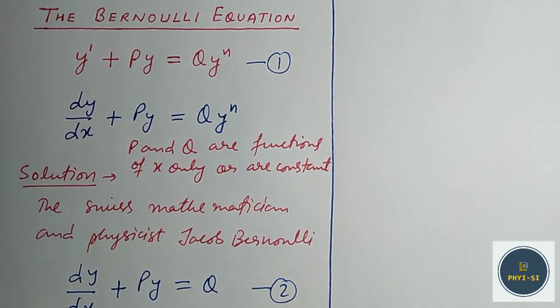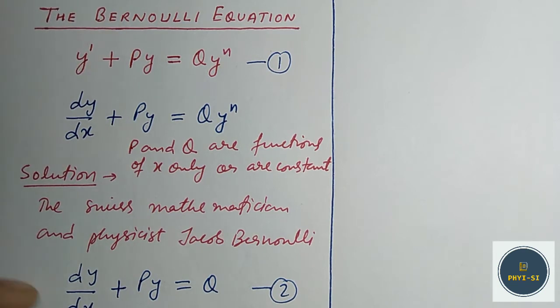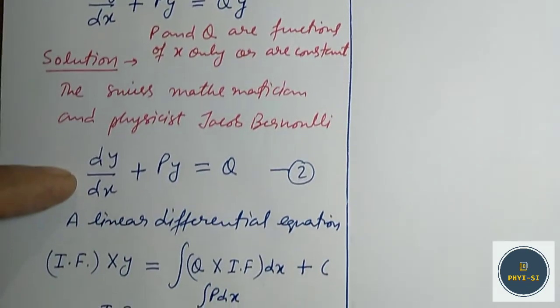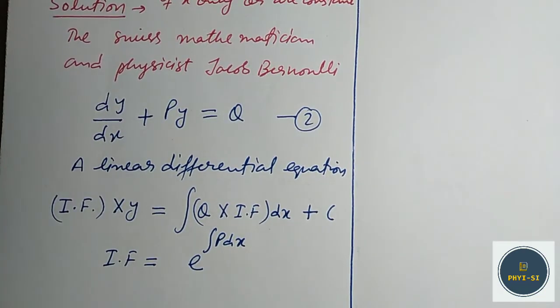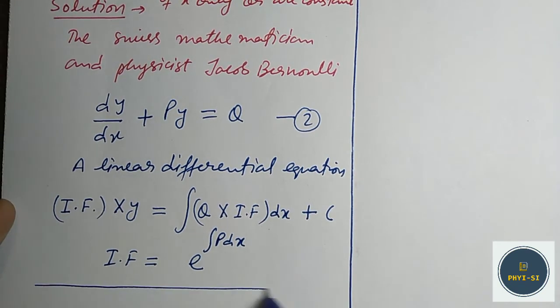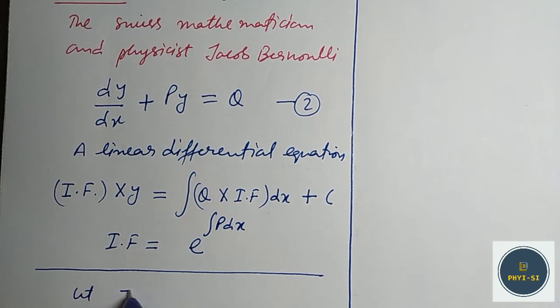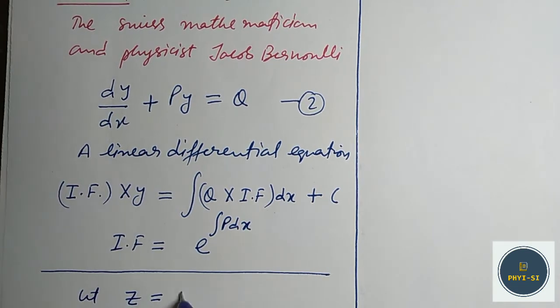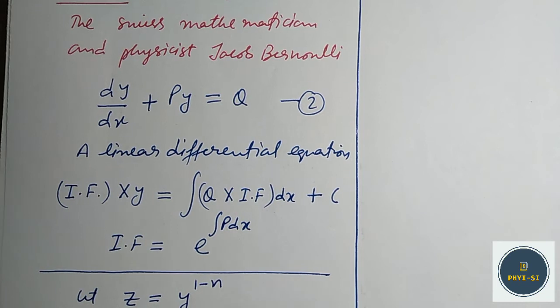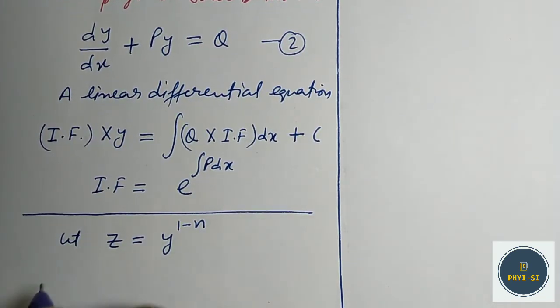So we will try to transform this equation into this equation, and then we can apply this formula to get the solution. To do this, let z is equal to y raised to power 1 minus n.